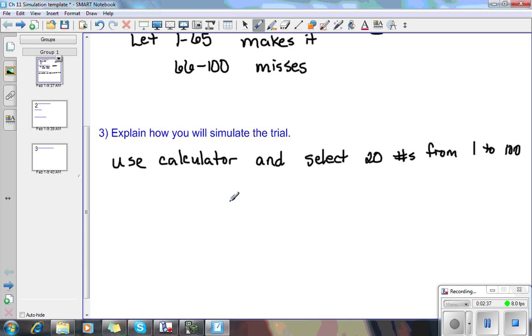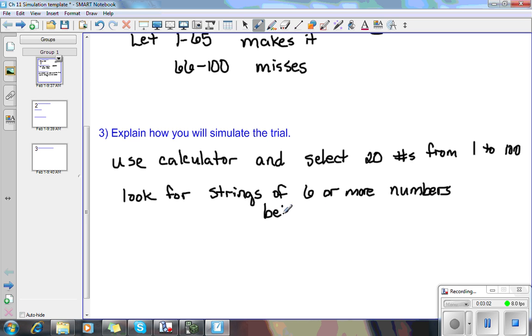So I'm looking for strings of 6 or more numbers between 1 and 65.